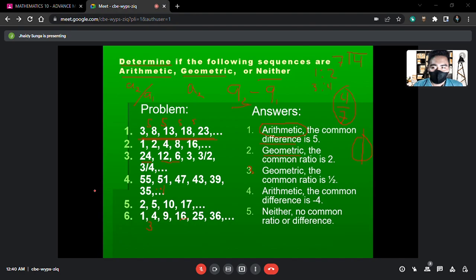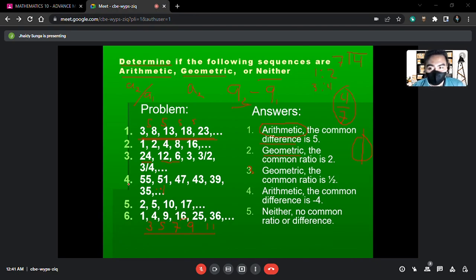Then 4 to 9 was increased by 5. For 9 and 16, the difference would be 7. For 16 and 25, the difference would be 9. And this one, 11. So in this pattern, we could say what?